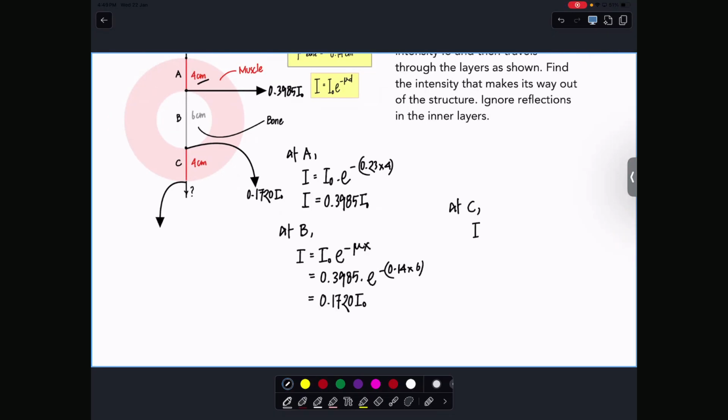I equals, what's the I naught going to be this time? Yeah, 0.172 times e to the power minus mu হচ্ছে 0.23 times x is how much? 4. And এটা করলে হচ্ছে কত আসে finally? Right, I naught. And that's what comes out from the structure at the end. In one step.